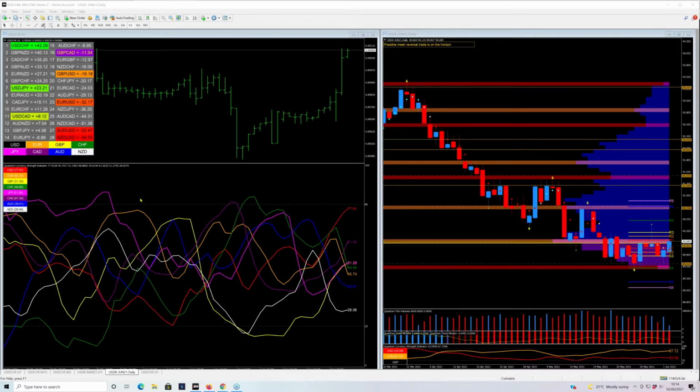Now, moving over here to the left-hand side of this particular profile, this is the hourly CSI, and this gives me my instant snapshot of what the individual currencies are doing in this time frame. The hourly chart I have found, and a lot of the students have found, is a perfect chart because it's close enough to the previous session.